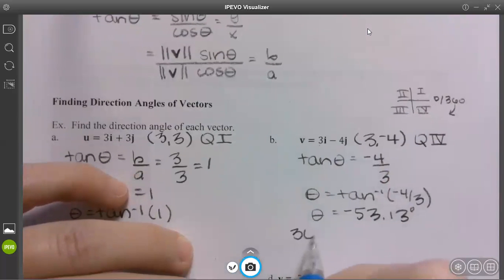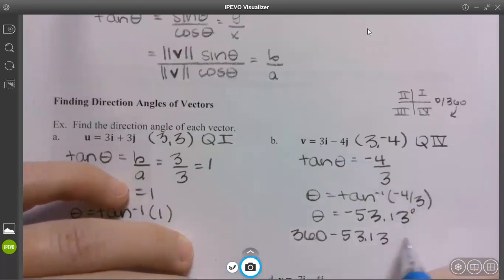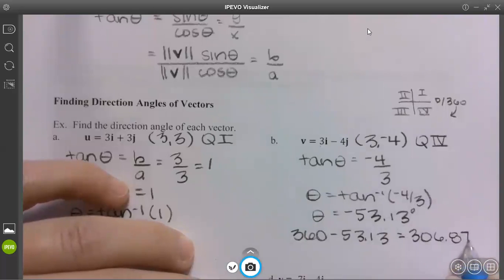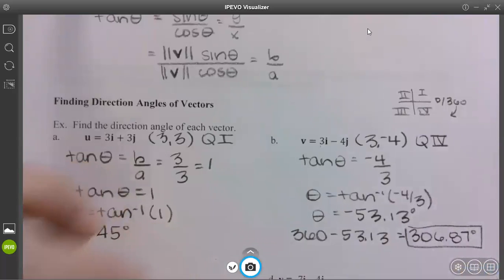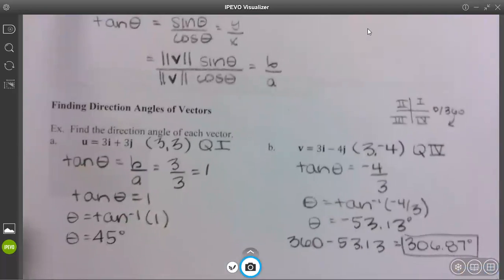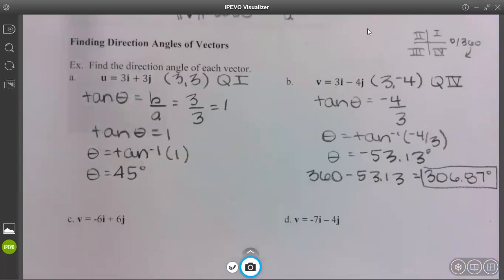So I'm going to take that 360 and subtract 53.13. And that's going to give me my actual angle, 306.87. So that would be your final answer. And again, because we have to have an angle in quadrant 4.